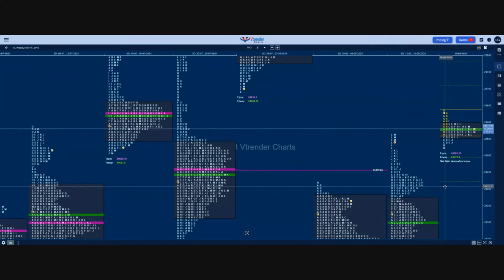You can have a look, and you can revisit this video, which will get updated on YouTube in some time, for the levels for tomorrow. Then again, we will have to see what open type we get tomorrow, and then accordingly form a bias and look at the levels in that direction.